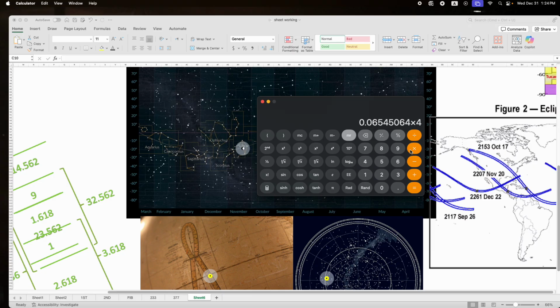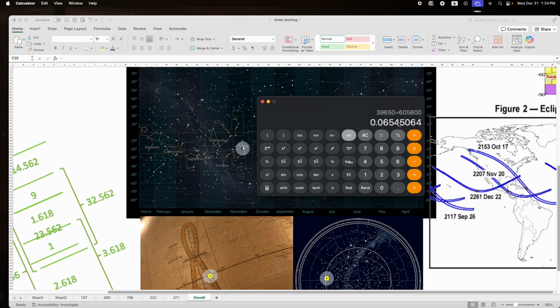So if we multiply that by 4, again, we're seeing this same pattern of numbers, this phi squared pattern divided by 10. And then if we multiply this by our quarter circle, we're going to get 39,650. So this value right here is significant.